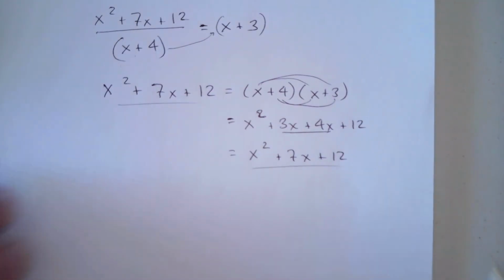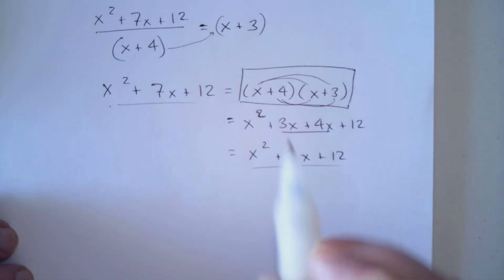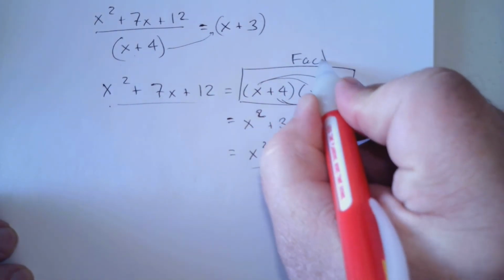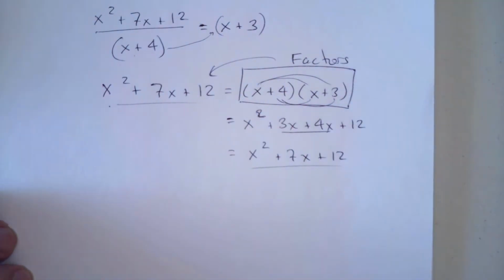Since these equal, then that's our solution. But here's the cool part. These are the factors of that. So that's just another way we can factor them, by using division. Yeah, it's a lot of work to do on this one.